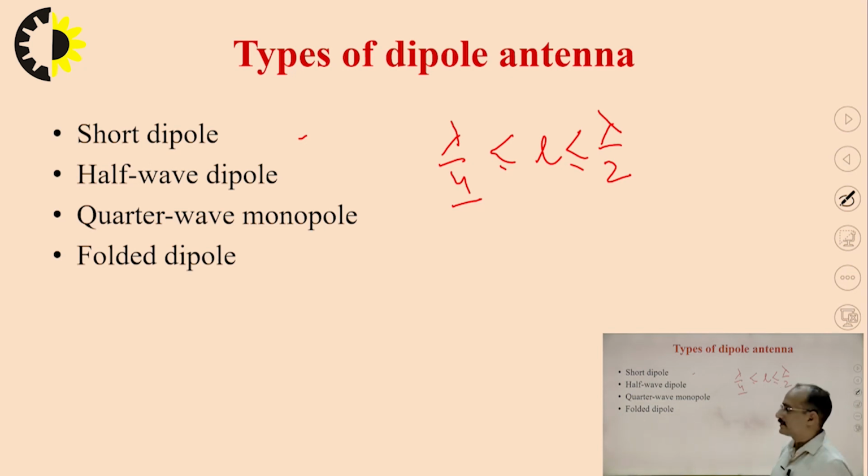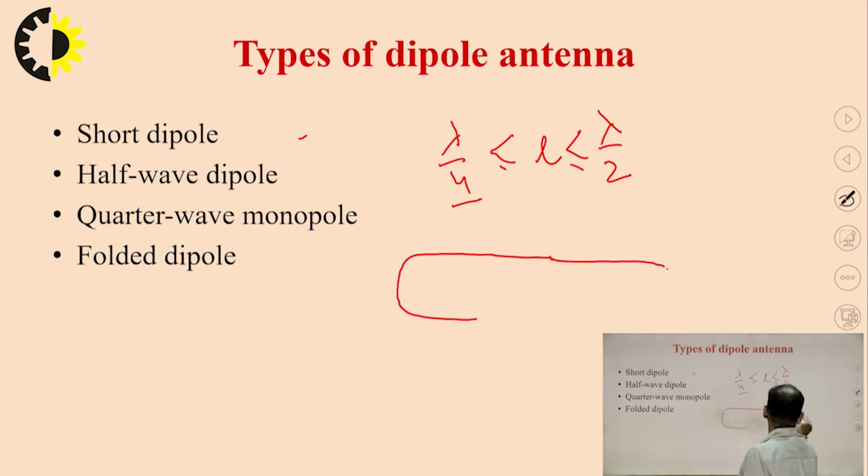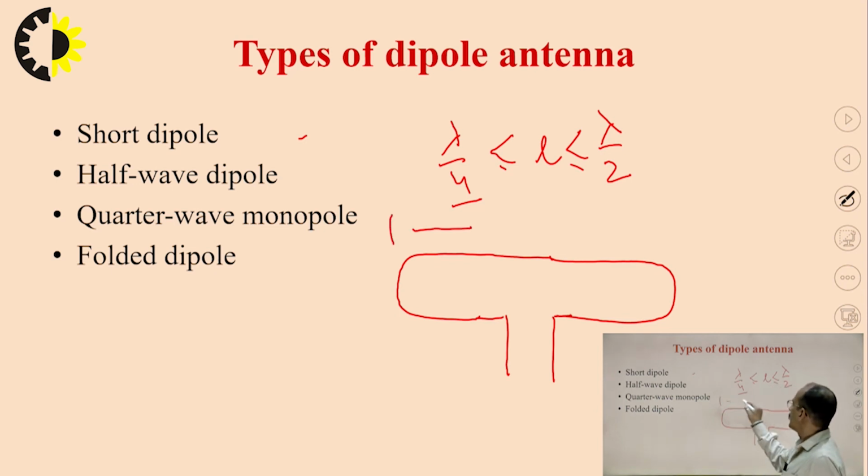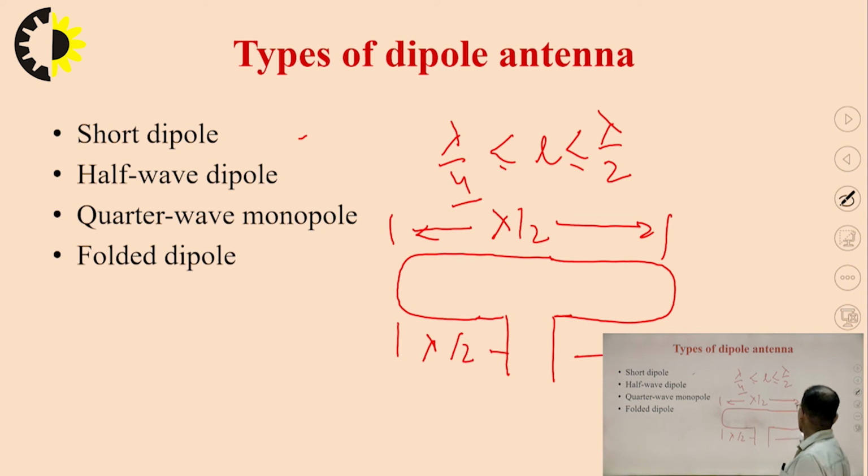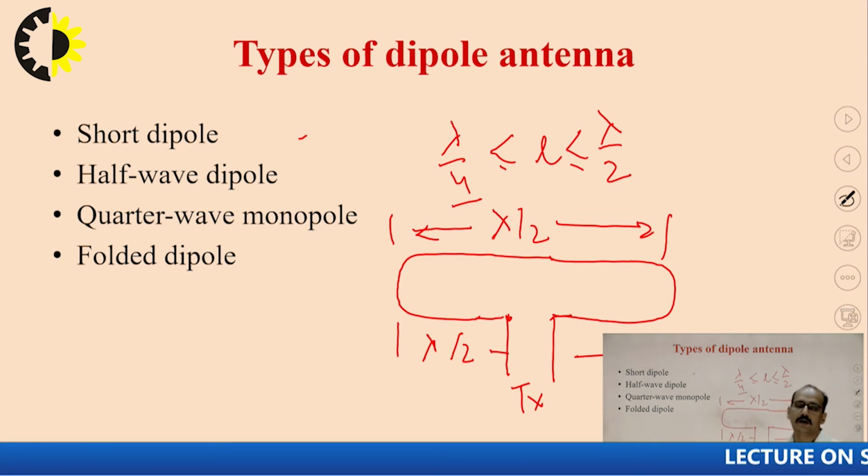The folded dipole is basically made by folding: we use 2 individual lambda by 2 length antennas and join them through the ends, and between them there is a point where we feed the transmission line, so that the dipole antenna can receive or transmit signals.